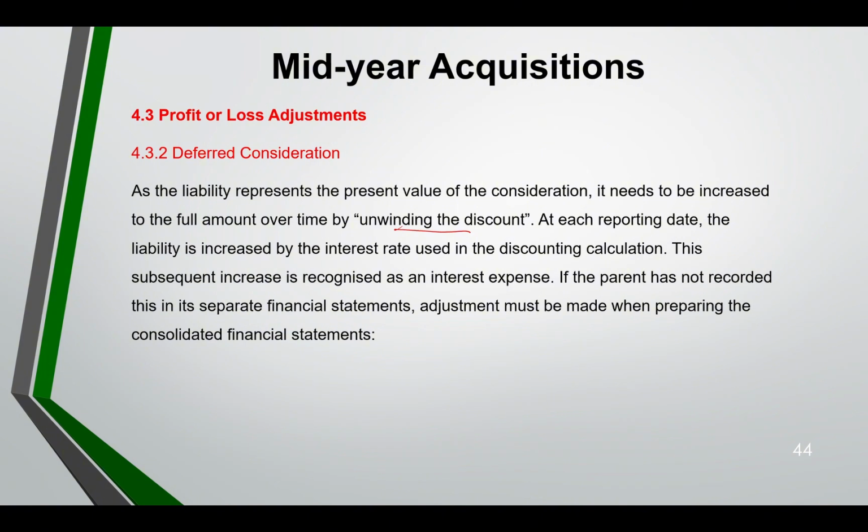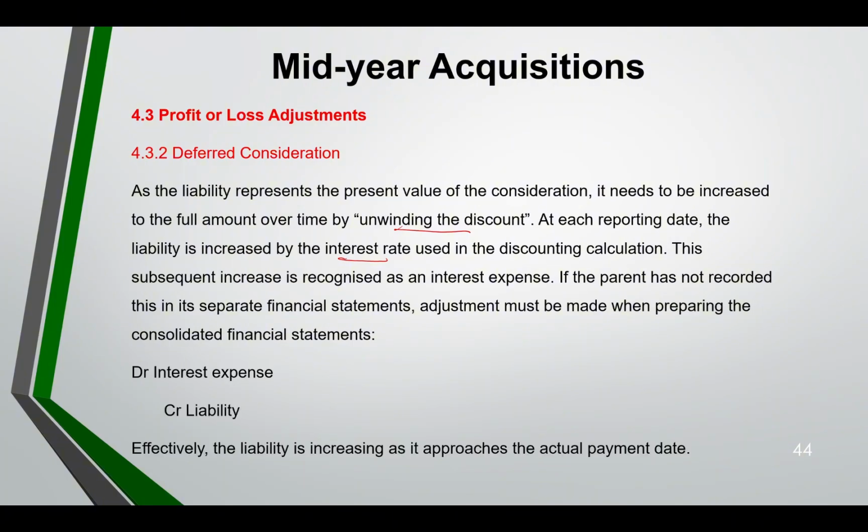Okay, you have to use the same discount rate that you have used to find the present value. So using that discount, you will be getting the interest. If the parent has not recorded this in their separate financial statements, adjustment has to be made when you're preparing the consolidated financial statement. So you debit your interest and you credit liability.